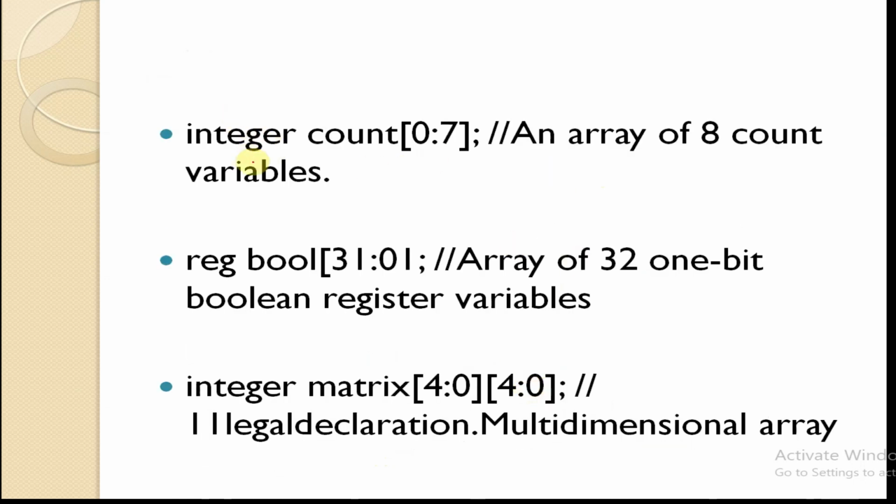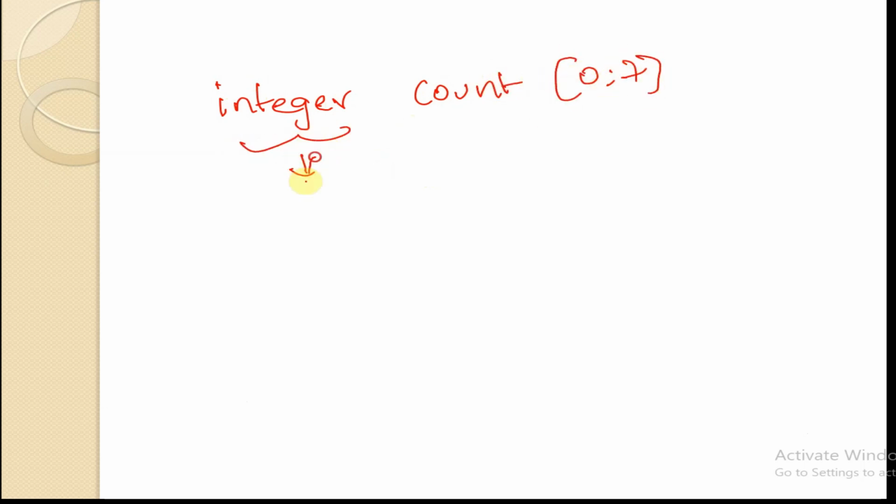For example, here we have declared an integer count [0:7]. Integer is the data type, count is the name of the array, and 0 to 7 is the size of the array.